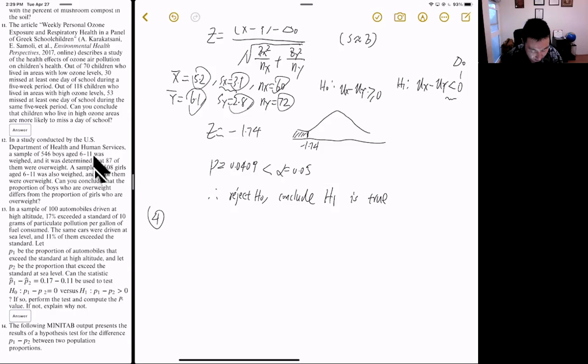Can you conclude that the proportion of boys who are overweight differs from the proportion of girls who are overweight? This question is asking about the difference between two proportions. So very clear, the difference between two proportions.